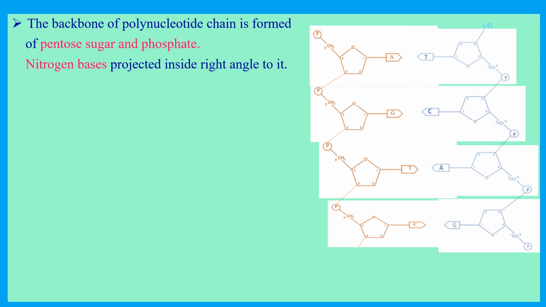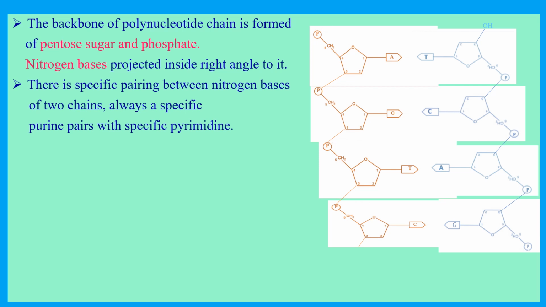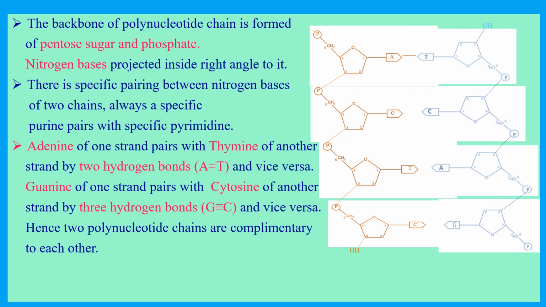The next question arises: how do these two polynucleotide chains bind? There is a specific pairing between the nitrogen bases of the two chains. Always a specific purine pairs with a specific pyrimidine.